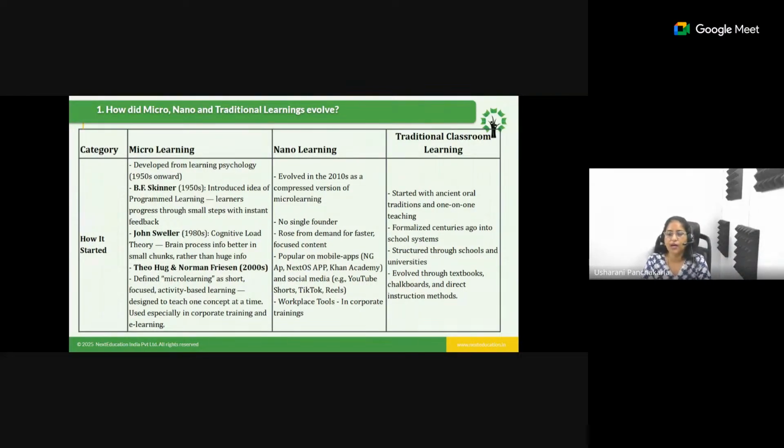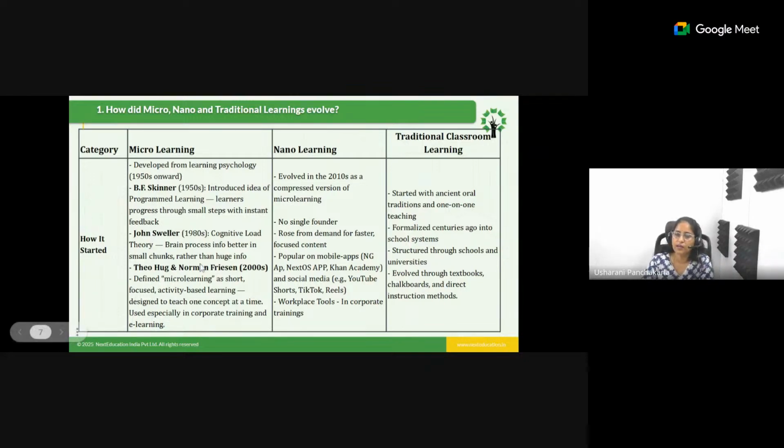Earlier we used to have the HR department train the entire team, but now the PPTs, e-learning tools, or books are given straight away. So they go through it, surf through it, and gain mastery or expertise. This is where the definition of micro learning was introduced by Theo Hug and Norman Friesen, after the developments of Skinner and John Sweller.